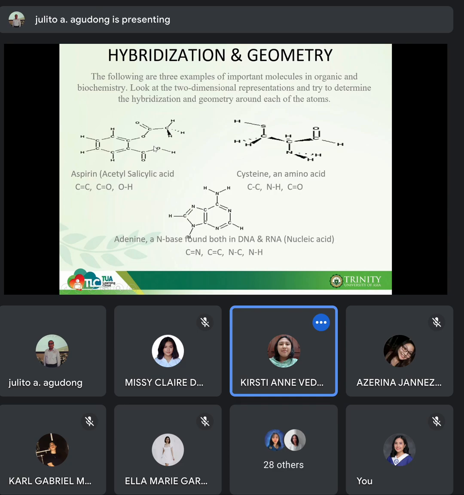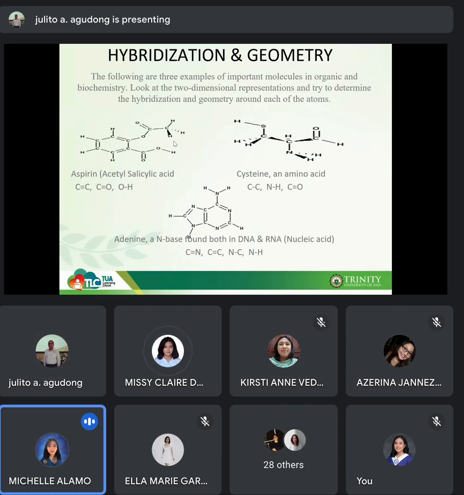Tetrahedral po. Now, because oxygen has lone pairs, it has bonding pairs and non-bonding pairs. Bend. Very good. It's bent because oxygen here has two non-bonding pairs. Needless to say, that's your hydroxyl group.